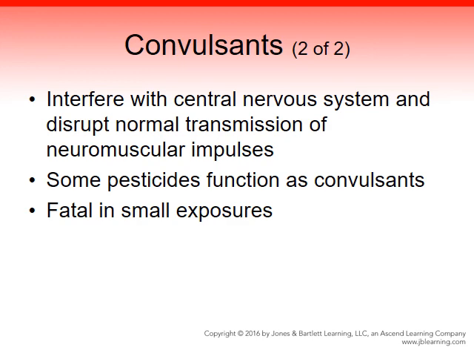So when you think to pick up your hand, you're not going to be able to do it because that signal that comes from your brain to your hand is disrupted by this chemical. Some pesticides function as a convulsant and can be fatal in very small exposures.